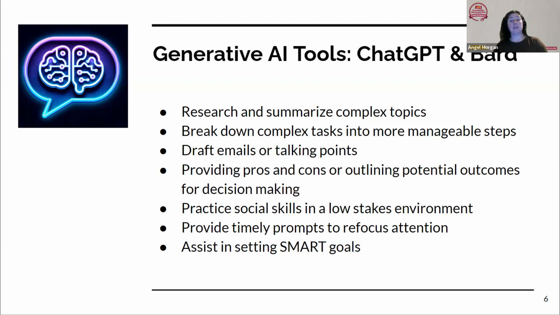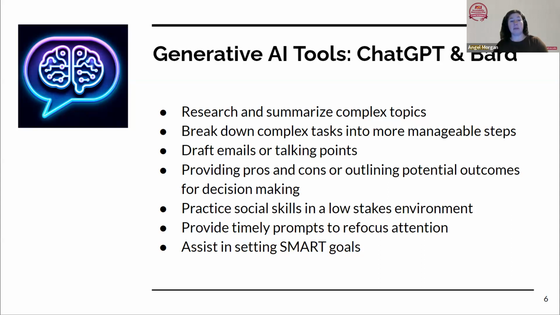They can also guide students in making more informed decisions by offering pros and cons or outlining potential outcomes. So not merely necessarily making a decision for students, that's not always wise, but helping them brainstorm ideas or pros and cons and evaluate choices. Additionally, these tools can provide a low stakes environment for practicing social skills, allowing students to engage without the pressure of real world consequences.